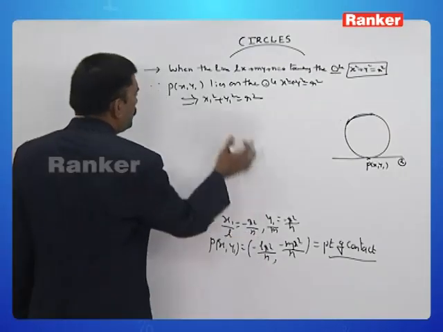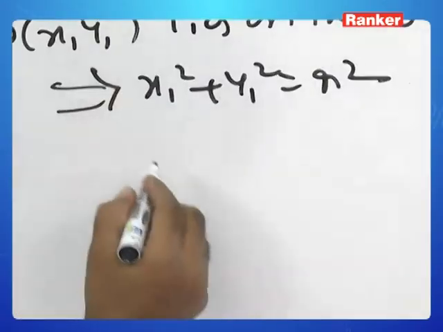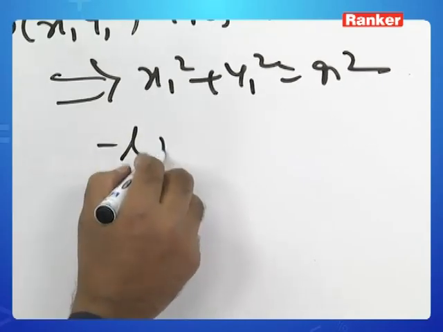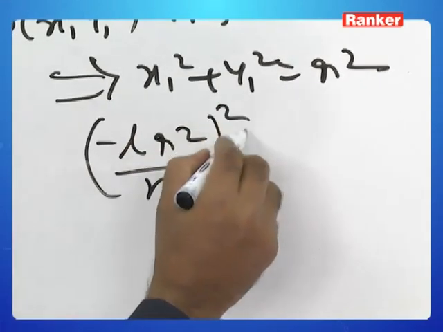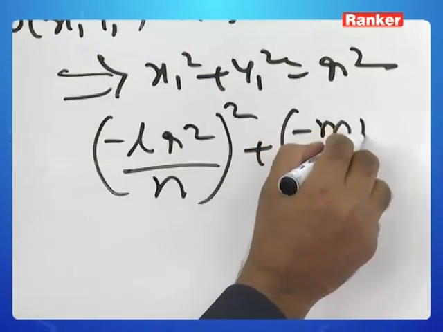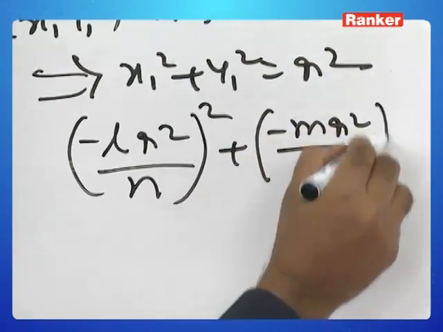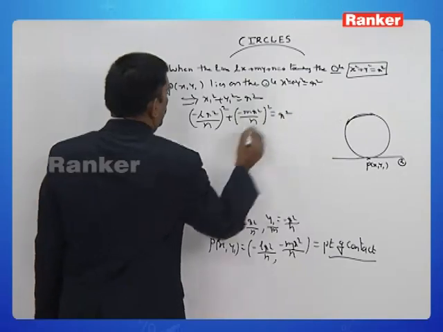So now you substitute this point: (-lr²/n)² + (-mr²/n)² = r².